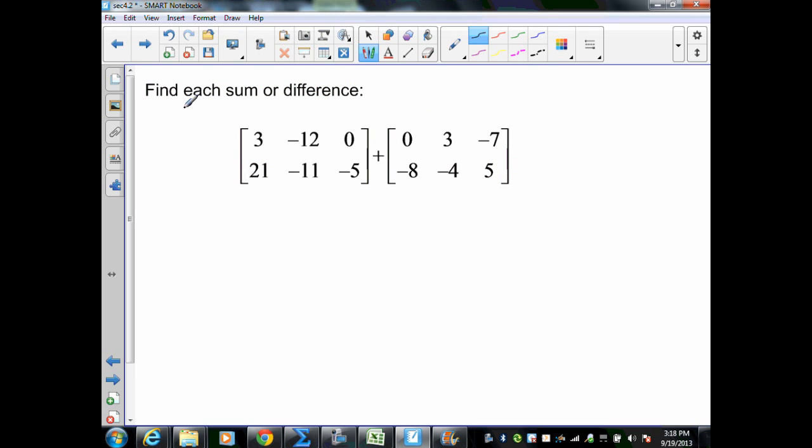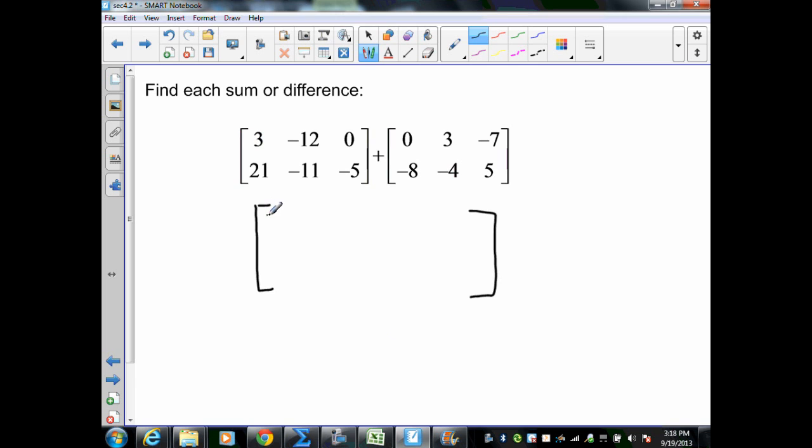On our first example, we want to find each sum or difference. Here we want to find the sum of these two matrices. The dimensions are a 2 by 3 and a 2 by 3, therefore we can perform that operation. I'm going to do the long way of finding the sum of each element and then actually performing that operation to find our conclusion.